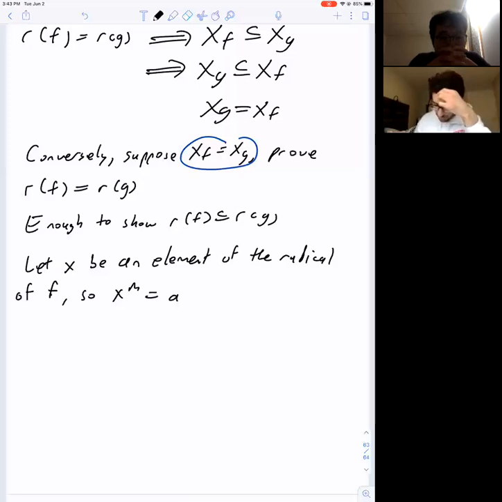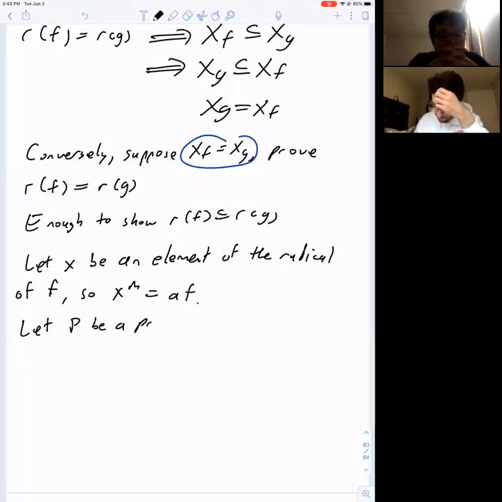Let P be a prime that contains f. So P also contains x, because x to the m is in P, so x has to be in P.